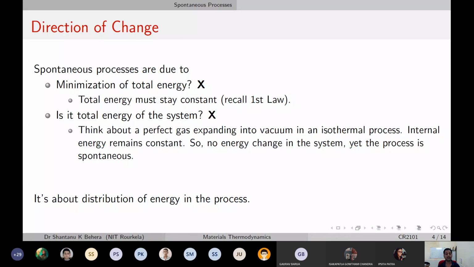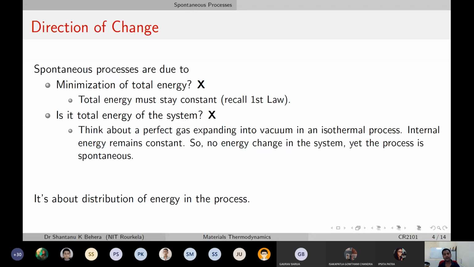That's partly true, but that's not entirely true, right? Partly true, meaning that it's one form of energy, or an algebraic sum of all the available energies that has to be minimized, but we haven't gone there yet. When we talk about energy, currently we are thinking about either internal energy or enthalpy.